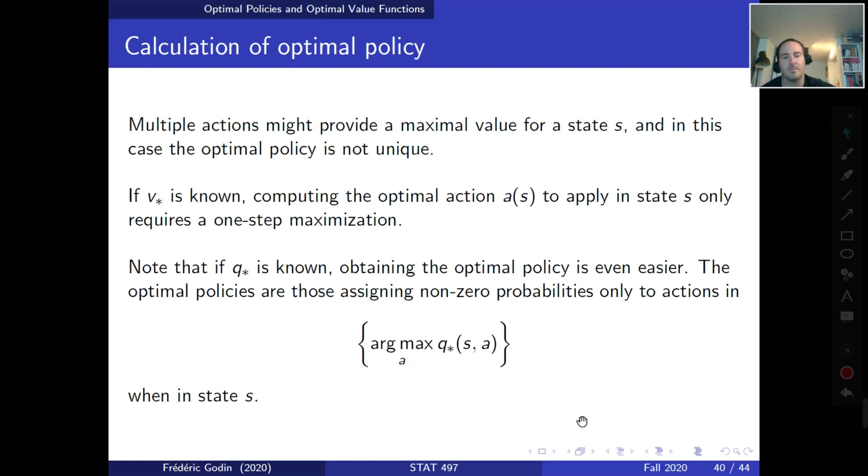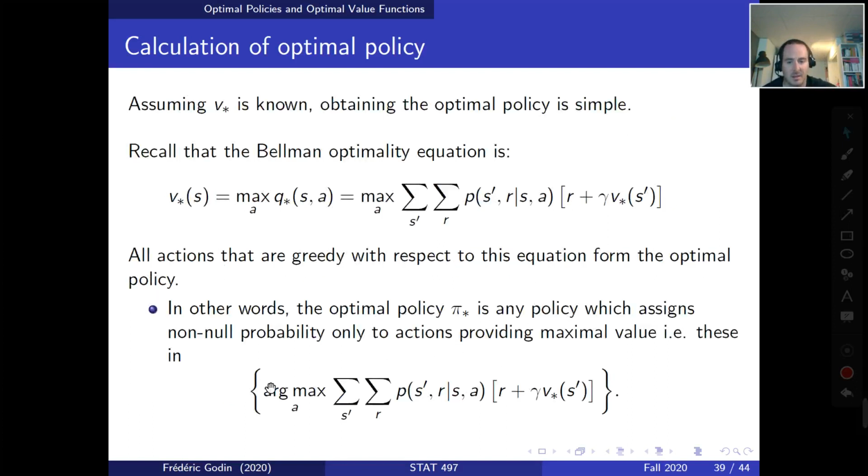In a nutshell, if we know V star, then computing the optimal action in state S only requires solving a one-step maximization problem, the one provided here. Why do we mean one step? It's because we only need to consider the subsequent state.